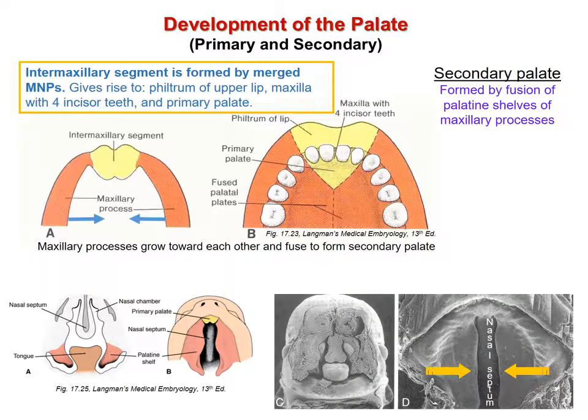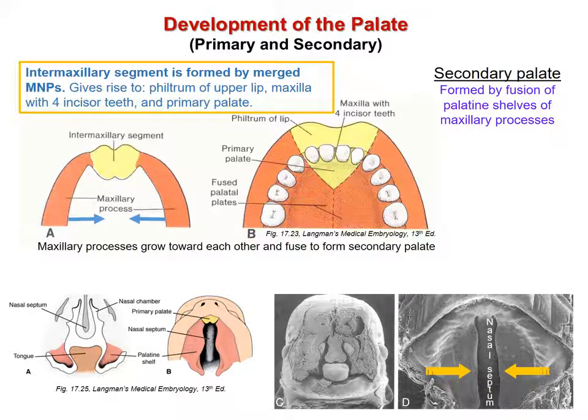The illustration in the upper half of this slide depicts the development of the primary and secondary palates. The right and left medial nasal processes fuse to form something called the intermaxillary segment. This midline structure forms, in addition to the philtrum, the part of the maxilla that contains the 4 incisor teeth and the primary palate behind the incisors.